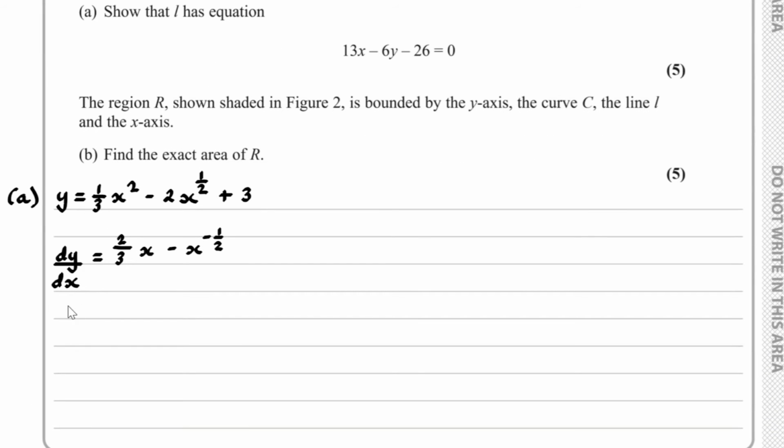And what we can do now is find out what the corresponding y coordinate of P is, and also the gradient of the tangent at the point P. We can do this by substituting x equals 4 into both y and dy over dx. So, when x equals 4, y equals 1/3 times 4 squared, subtract 2 times 4 to the power of 1/2 plus 3.